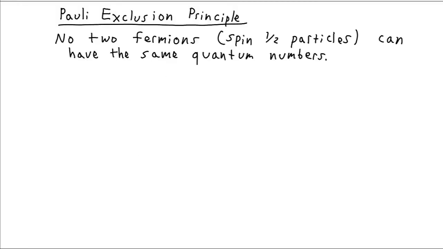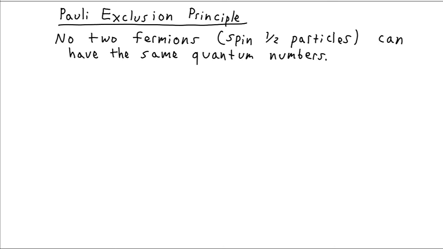A very important rule which applies to our electrons that we're modeling is what's called the Pauli exclusion principle. The Pauli exclusion principle states that no two fermions, a fermion being any particle with non-integer spin, for example our electrons with plus 1/2 and minus 1/2 spin, can have the same quantum numbers.